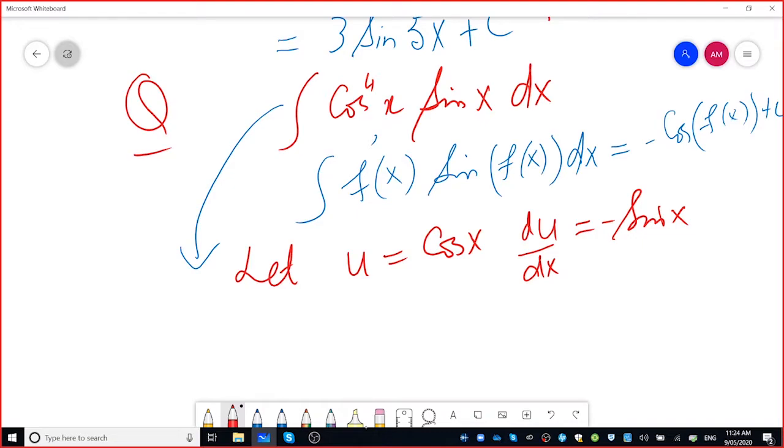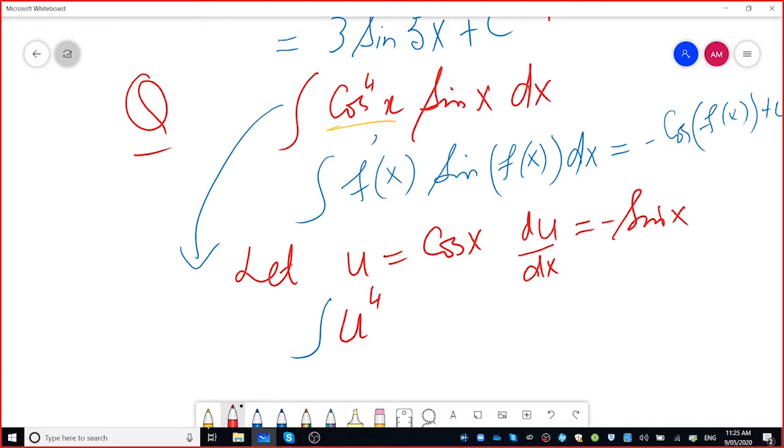So here what we have, cos x would become u, and we are just putting u, so it becomes u to the power of 4.